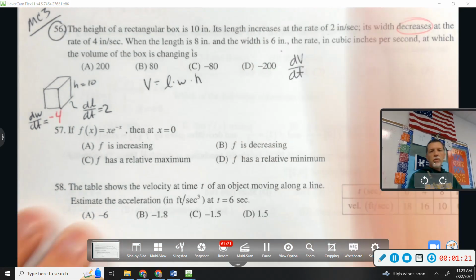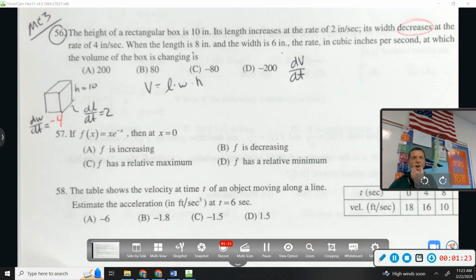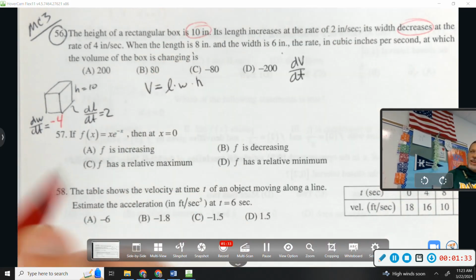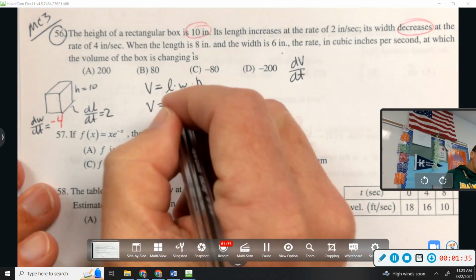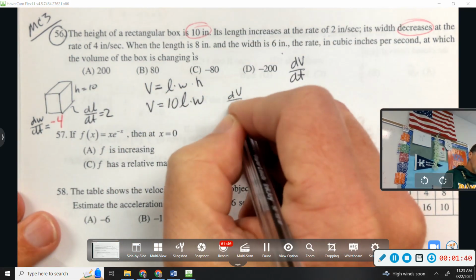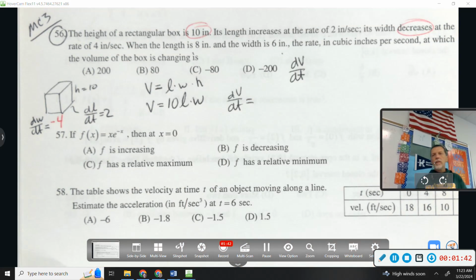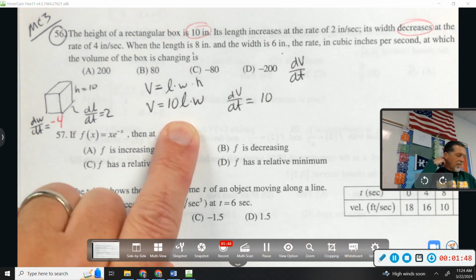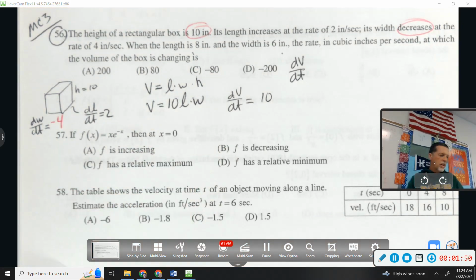Volume is length times width times height, which means I need a derivative of a product rule, but this isn't as bad as it looks because the height is always 10. So 10LW. So dV/dt then is, let's see, 10 times product rule.